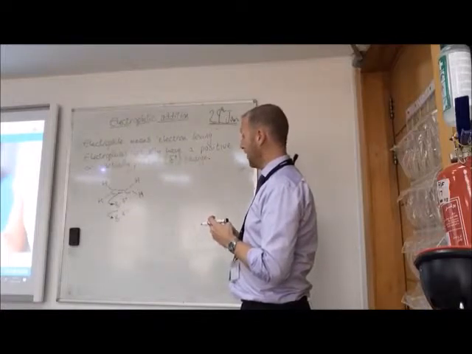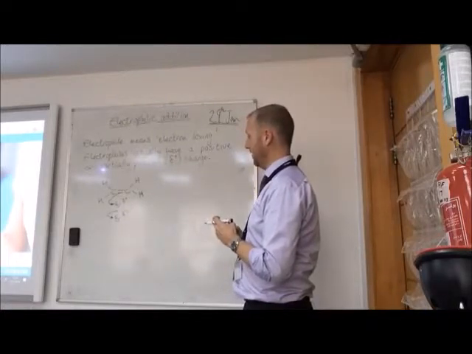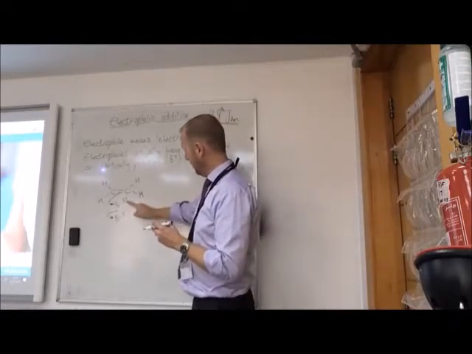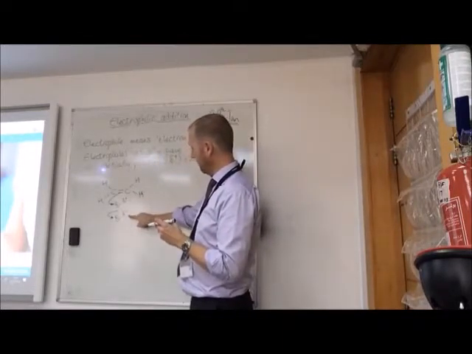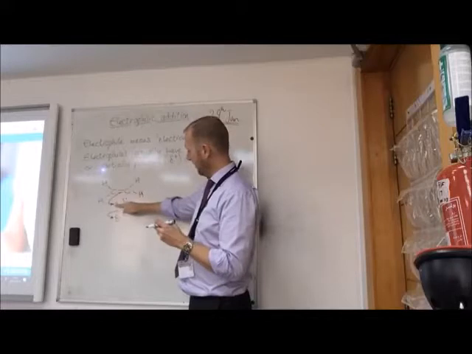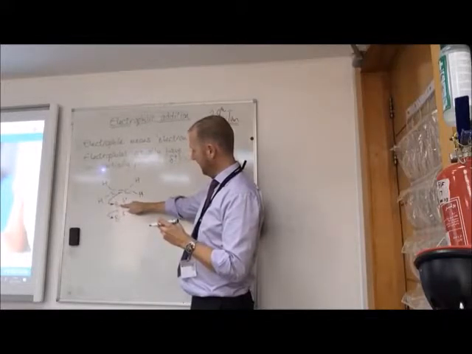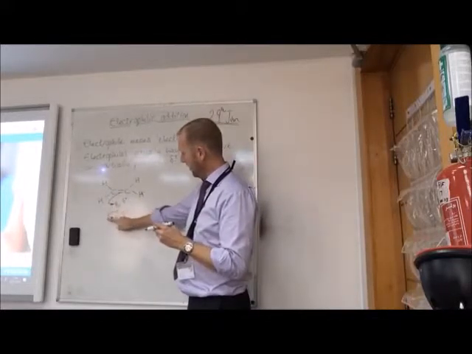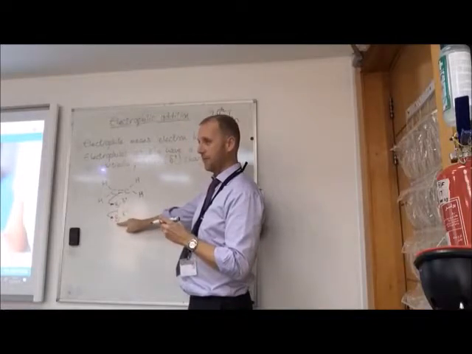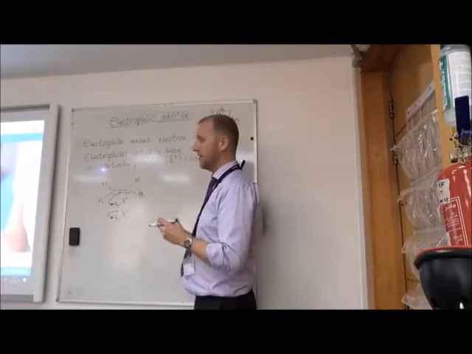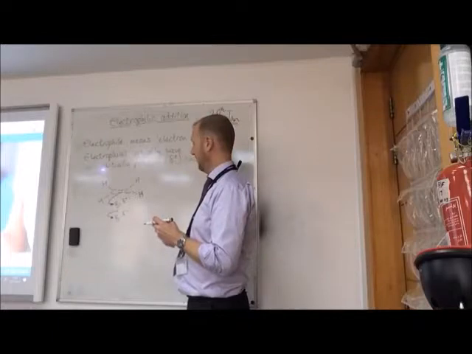And that's our first step in electrophilic addition. So we've got the delta positive, delta negative, a curly arrow from the double bond to the positive bromine, and a bond breaking towards the delta negative bromine. It's going to be the same pattern all the time.